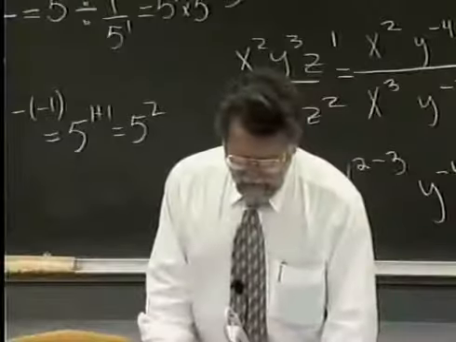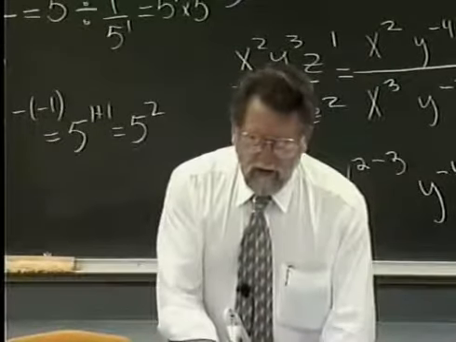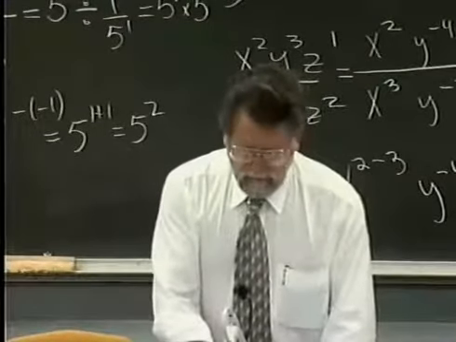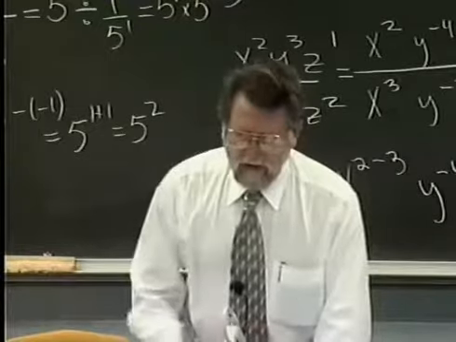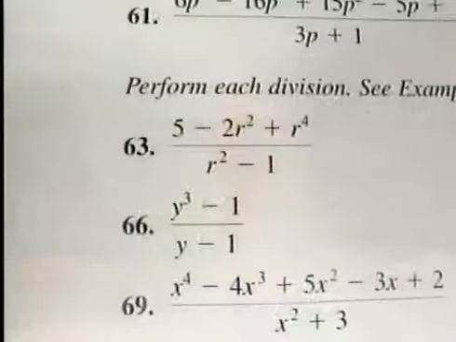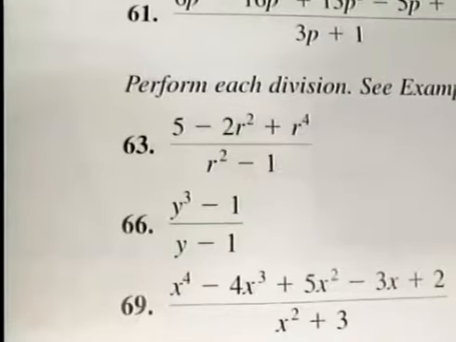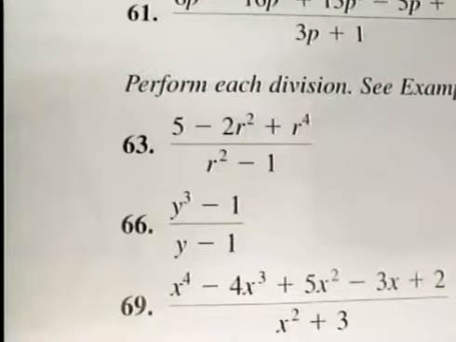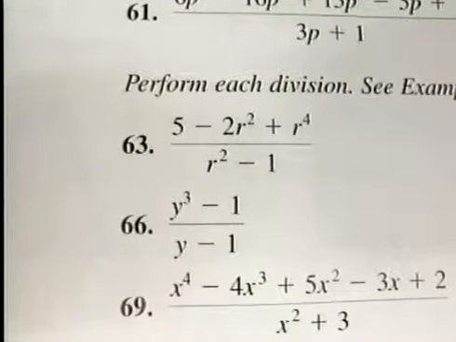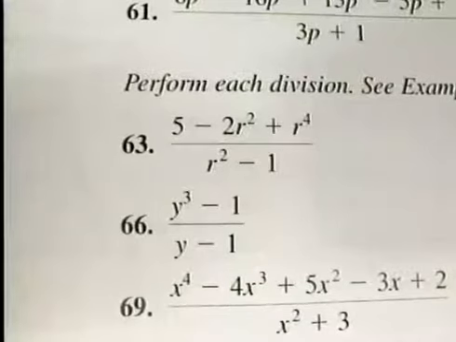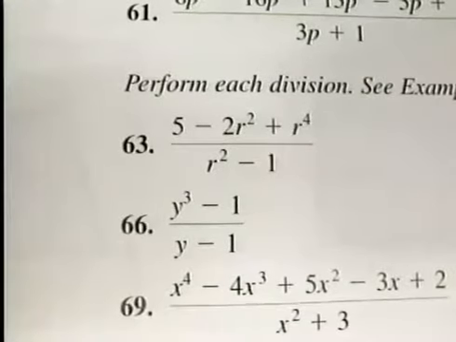Coming off there, the next level of difficulty, 66. Now this is one I was planning to do, very similar to this, but what are you going to have to do on 66 in this kind of problem? You'd have to write y to the 3rd plus 0y squared plus 0y minus 1 divided by y minus 1.